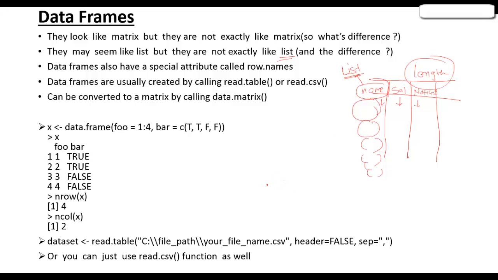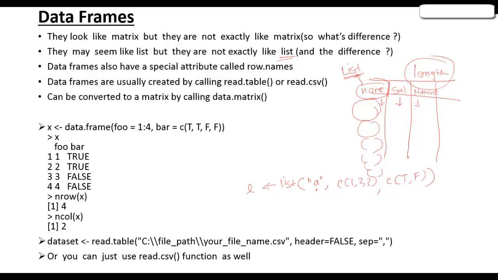So in a list, for example, I'm creating a list L with the keyword list, and here I'm specifying A. Here 1, 2, 3, okay, and then true and false.